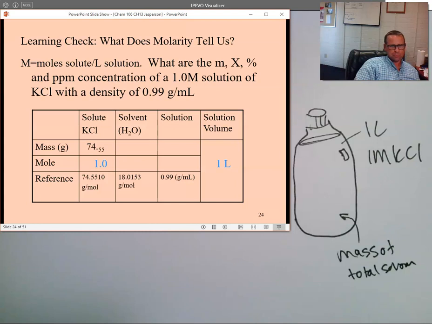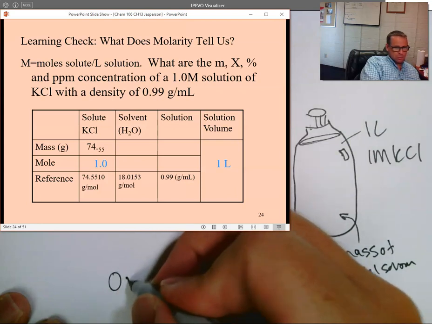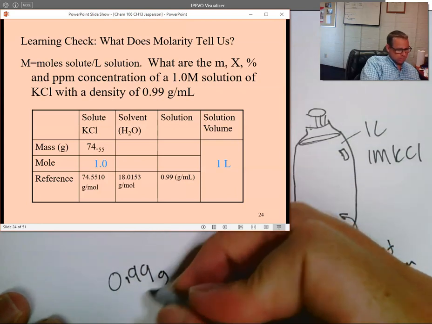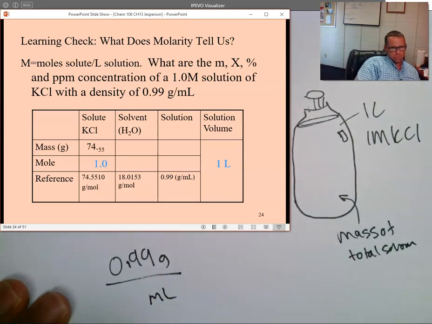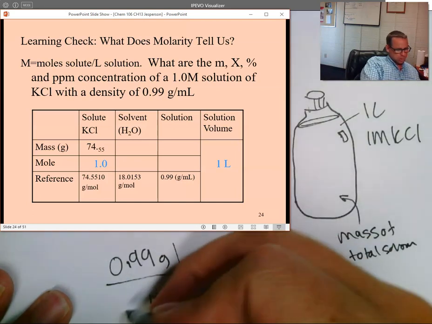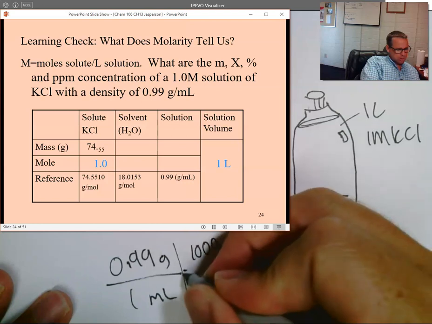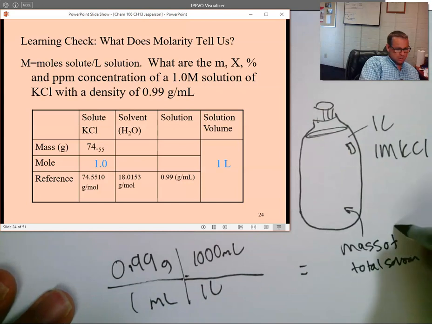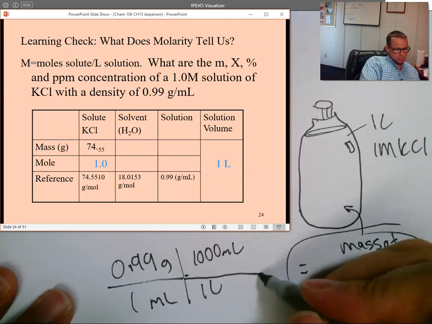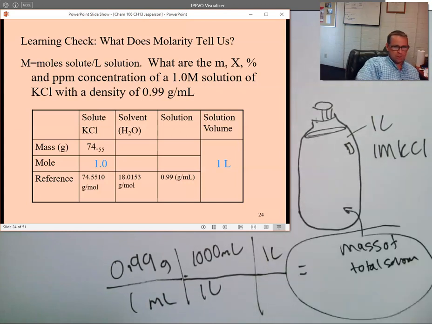So we're starting with the density, right? Okay. And then convert the 0.99 grams per every milliliter. For every 1,000 milliliters, there's 1 liter. All right. 1,000 milliliters in every 1 liter. Now, I'm looking for a total mass of the total solution here, and I know I have 1 liter of my material.